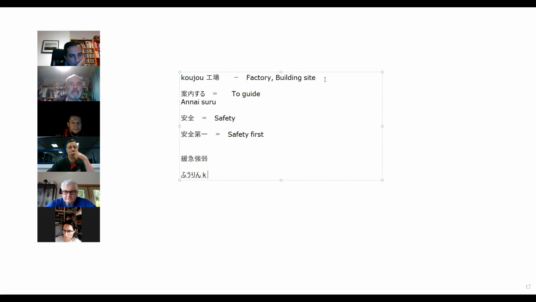Furin Kazan, which was the phrase by Takeda Shingen, which means to be as fast as a wind blowing through a forest and as something like a fire on the mountain. I don't remember what it exactly was. Anyway, Anzen Daiichi.